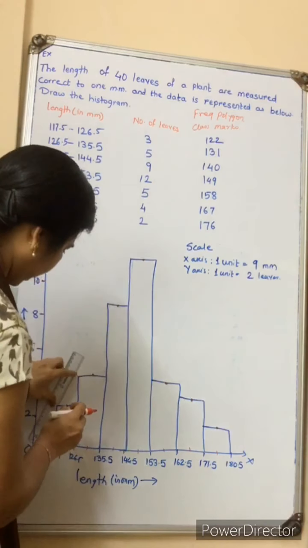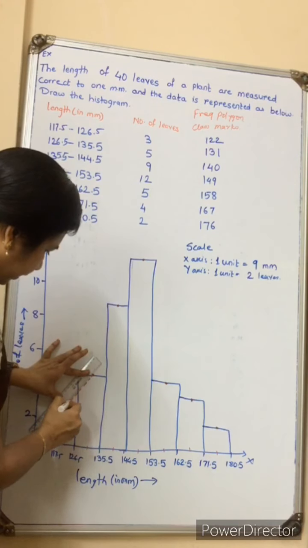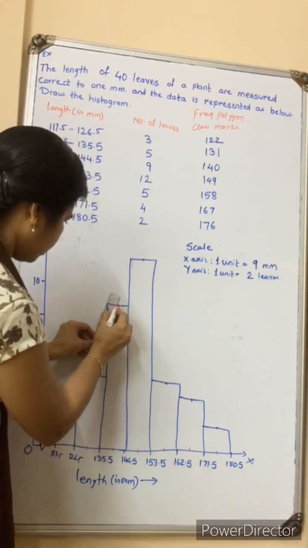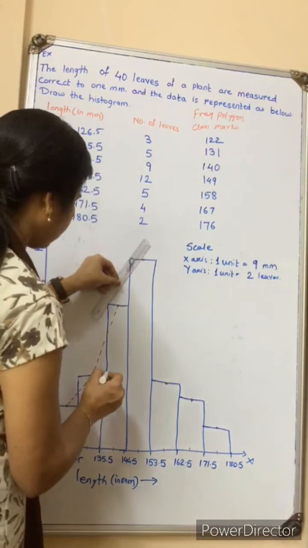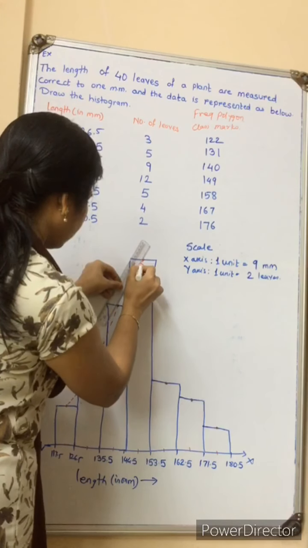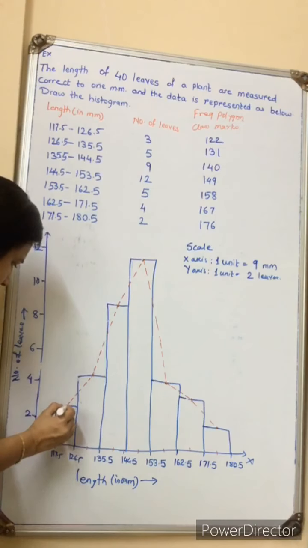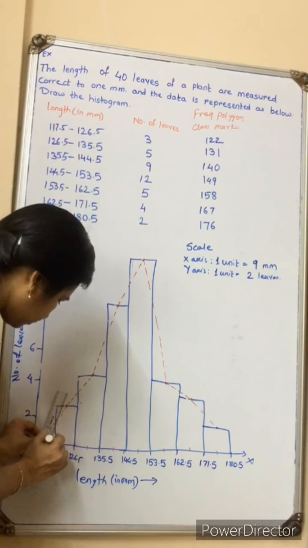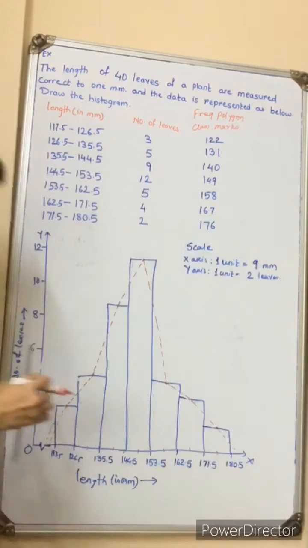And when you join these points by a straight line, you get the frequency polygon.